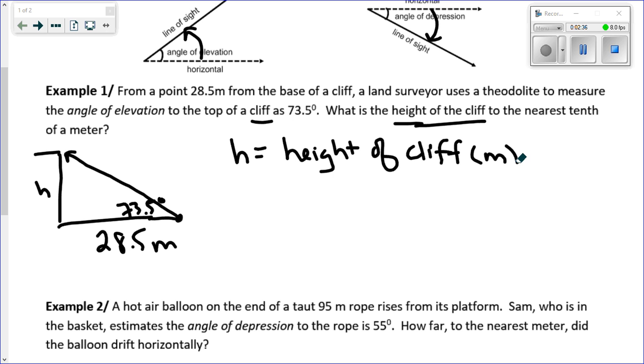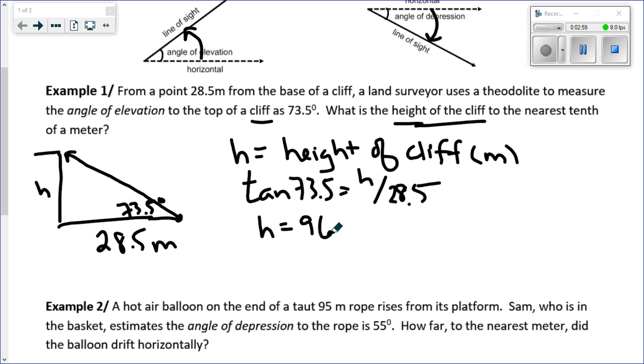Now, let's solve for h. In this case, we have opposite and adjacent, so that's tan 73.5 equals h over 28.5, so h equals 96.2144.